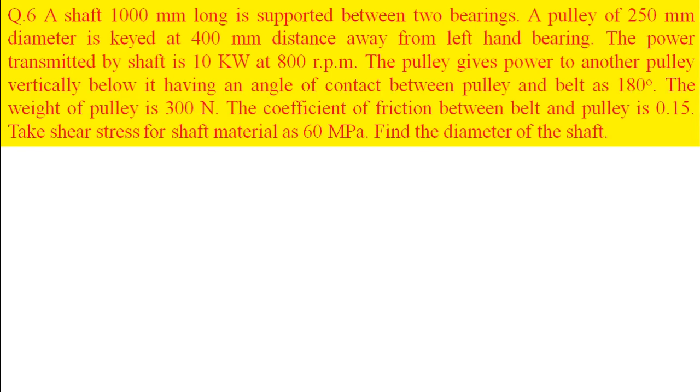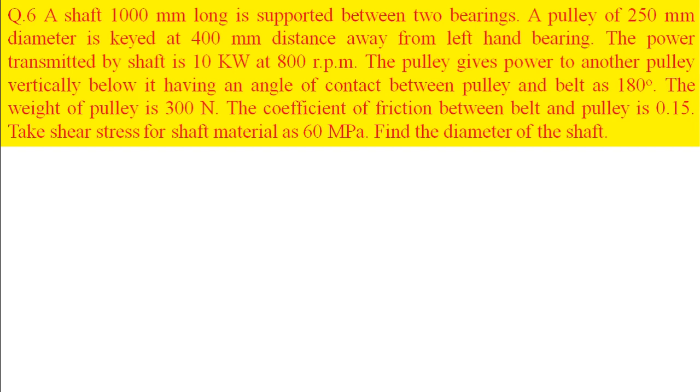The power transmitted by the shaft is 10 kW at 800 rpm. The pulley gives power to the other pulley vertically below, each having an angle of contact between pulley and belt as 180 degree. The weight of pulley is 300 Newton.